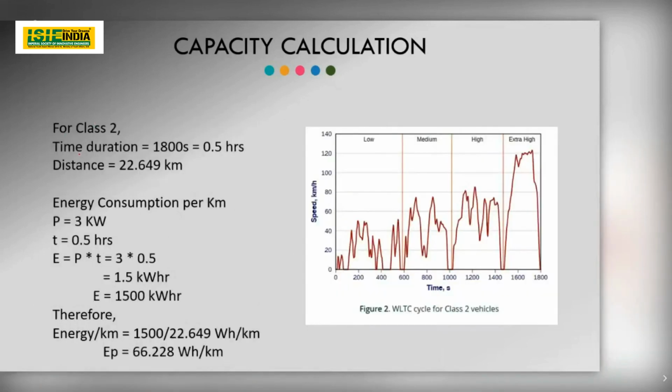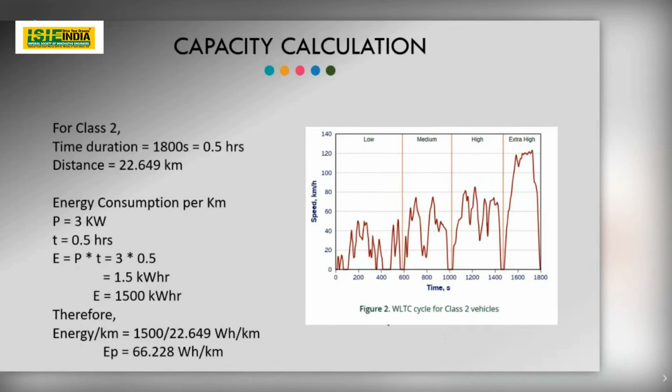So for class 2, we have this graph for all classes: class 1, class 2 and class 3. According to this graph, we get the distance covered by a vehicle in 4 different sections, that are low, medium, high and extra high.